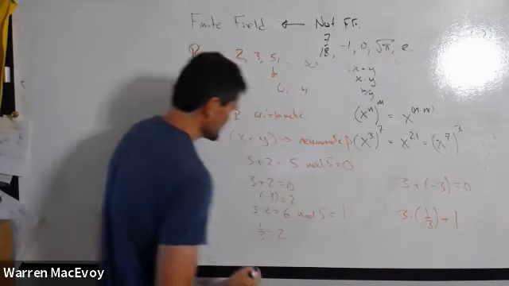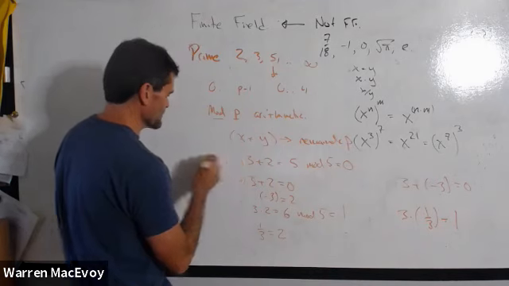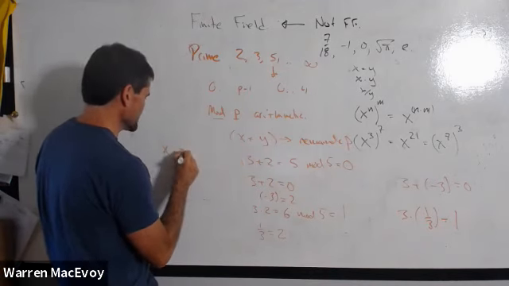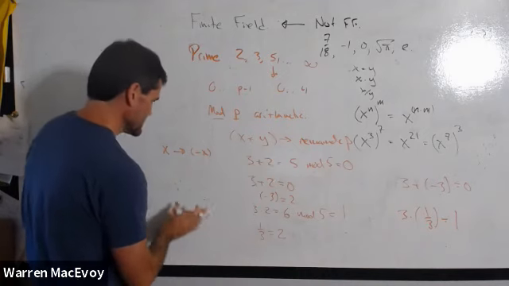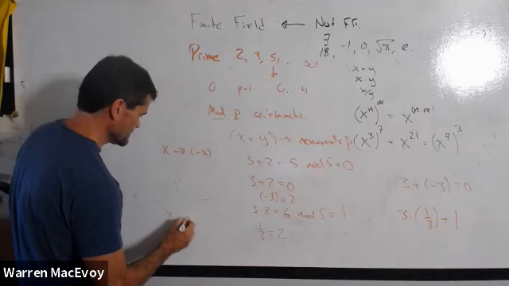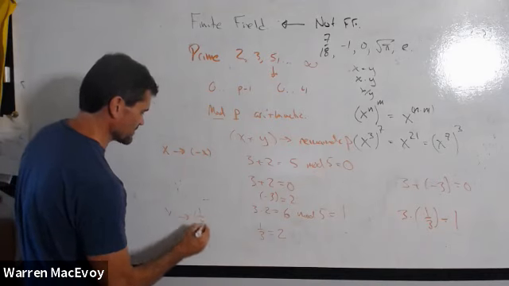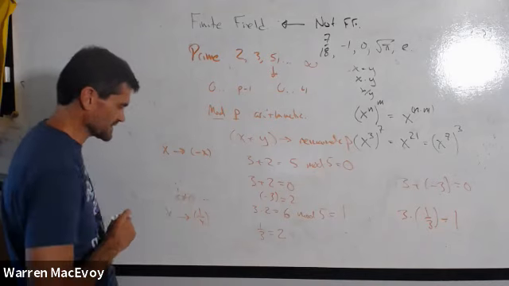So in this mod p world, for every x, there's another number which you can think of as minus x. And for every x that's not equal to 0, you can find a number that you can think of as 1 over x. This is only true if x is not equal to 0.